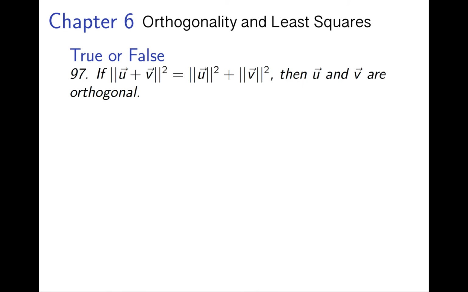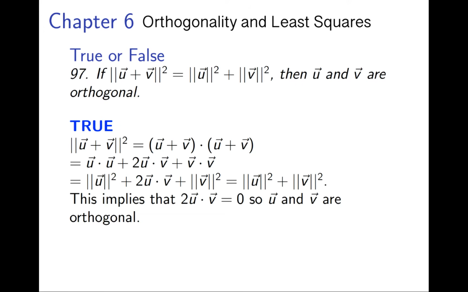Number 97. If the length of u plus v squared equals the length of u squared plus the length of v squared, then u and v are orthogonal. This is true, and maybe it's not immediately obvious why. So let's take the length of u plus v squared. We could write that as u plus v dotted with itself. Distribute this out, and you get u dot u plus 2 u dot v plus v dot v.